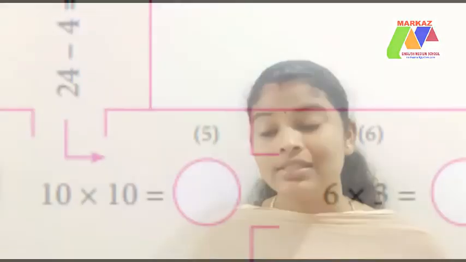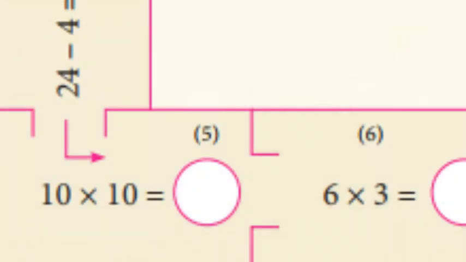Okay, now the next one, 10 into 10. Children, listen. 1 into 10, 10. 2 into 10, 20. 3 into 10, 30. 4 into 10, 40. 5 into 10, 50. 6 into 10, 60. 7 into 10, 70. 8 into 10, 80. 9 into 10, 90. 10 into 10, 100.